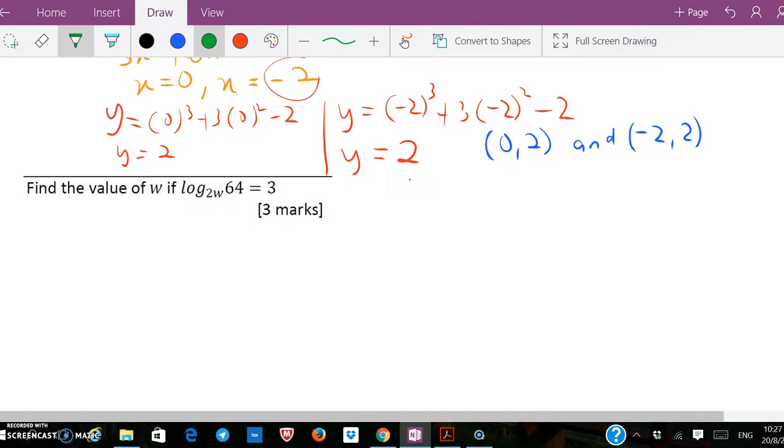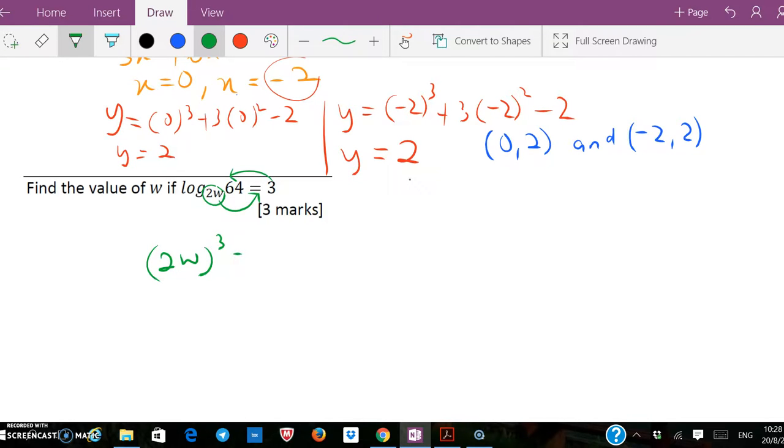Okay, now we have a question in log. Here we will see that the inability of most students is to change from log into indices. It's like this. 2w to the power of 3 equals 64.